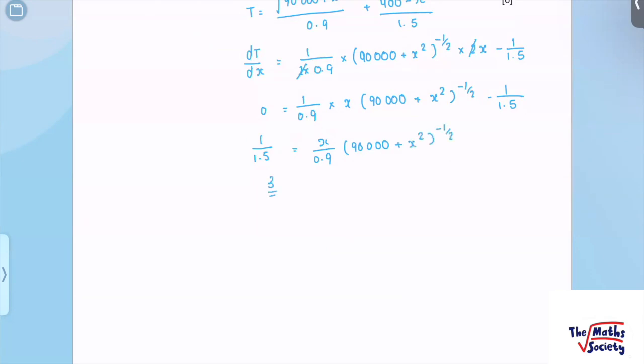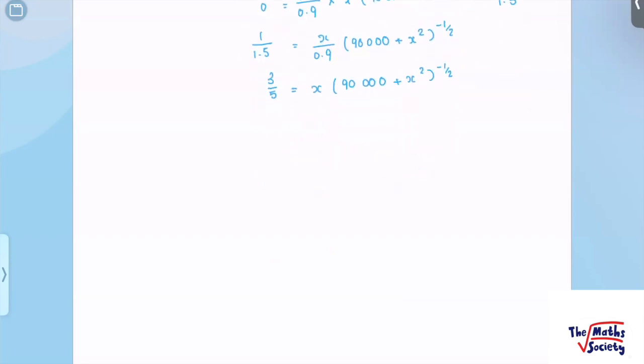You're going to have 3 by 5 equals x times 90,000 plus x squared to the power minus half. So then 90,000 plus x squared to the power half equals 5x by 3.